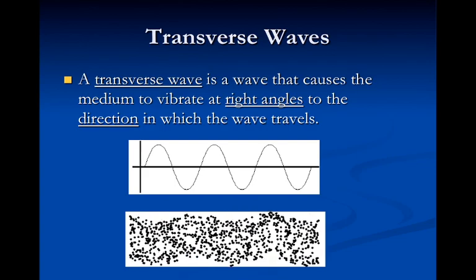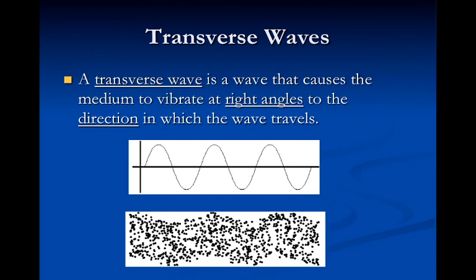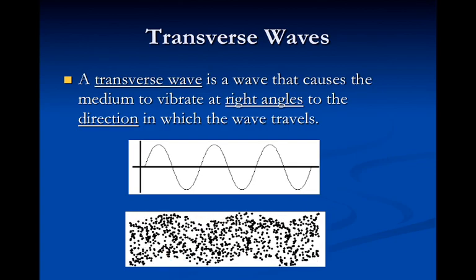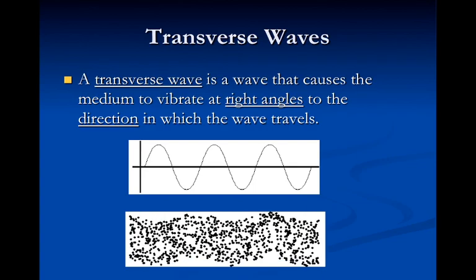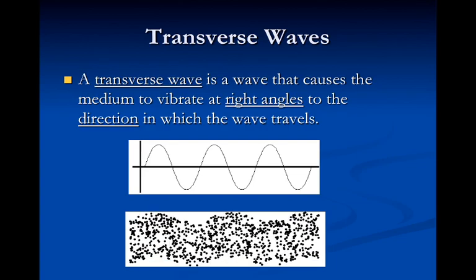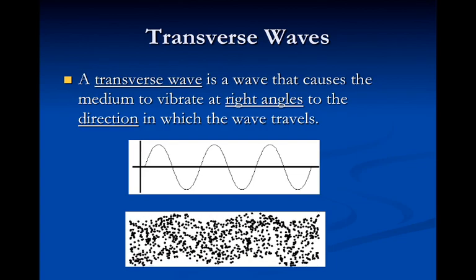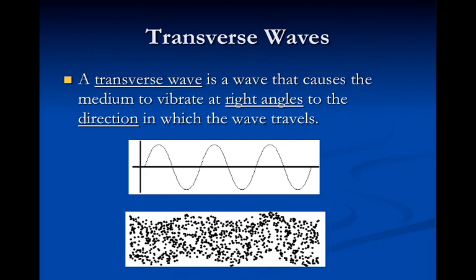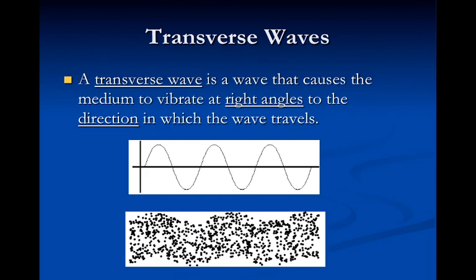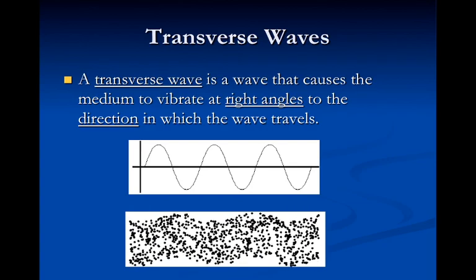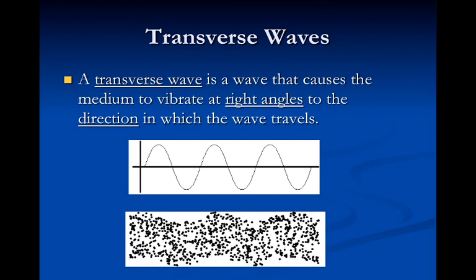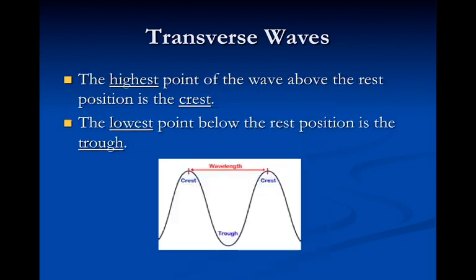Transverse waves are waves that cause the vibration to move at right angles to the direction of the wave. So if we have a wave moving, in this case from left to right, the movement of the wave is going up and down. So it's at right angles to the direction of the wave. If you've seen little kids playing jump rope, and they have a rope and they're wiggling it back and forth on the ground for people to jump over, that's much of what the movement of a transverse wave looks like.